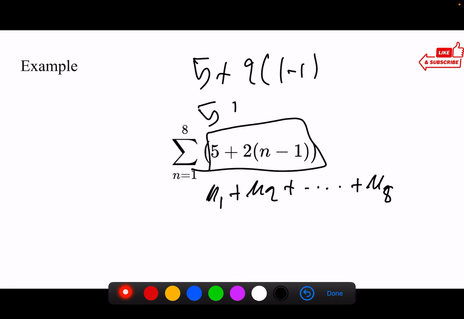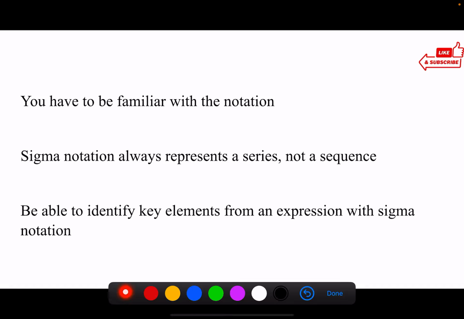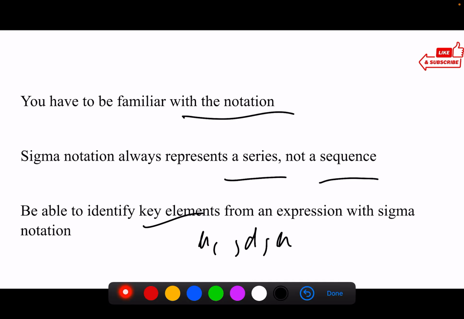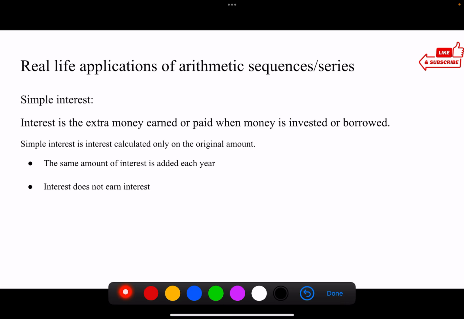To find u2, that would be 5 plus 2 times 2 minus 1, etc. All right, so on sigma notation for the IB exam, you do have to be familiar with the notation, so know what it is asking you to do. You also have to recognize the sigma notation always represents a series and not a sequence. And you have to be able to identify key elements from an expression with sigma notation. So these key elements are u1, d, and un, for example.